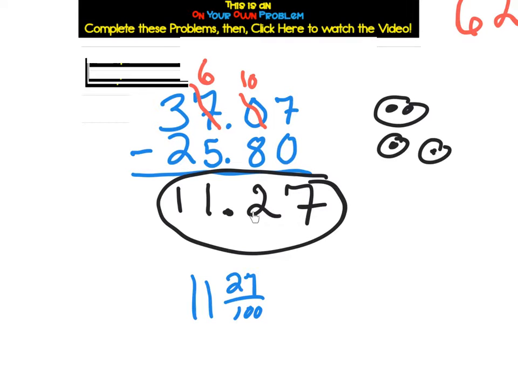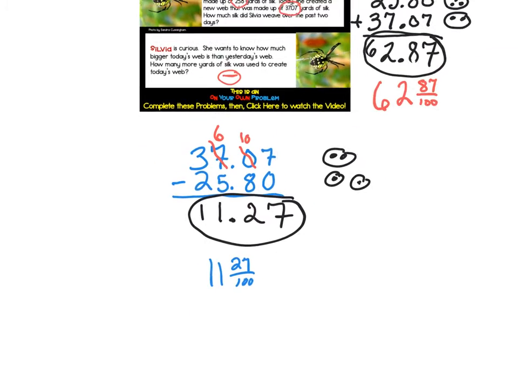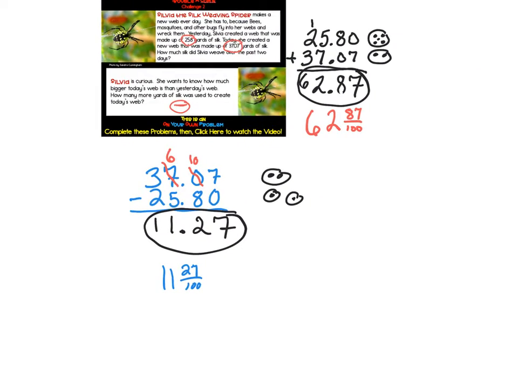So first of all, you have the tens place, the ones place, then you got your decimal, the tenths, and then the hundredths place, right? So it would be 27 100ths. So 11 and 27 100ths. And that's how much longer today's web was than yesterday's.